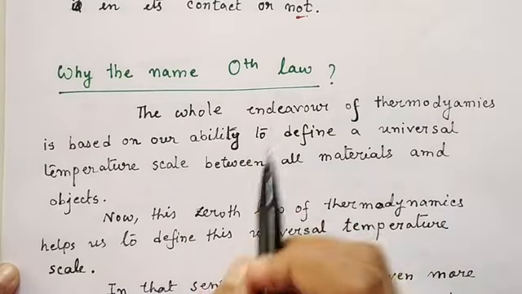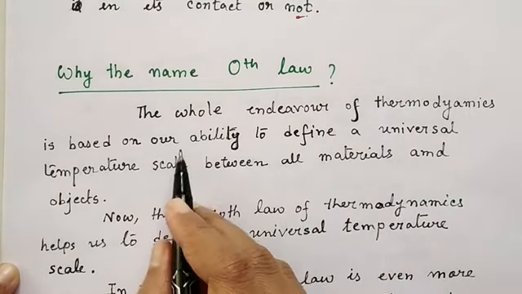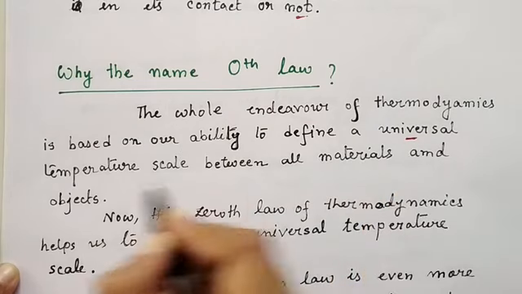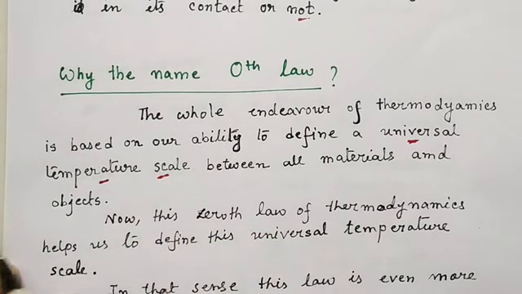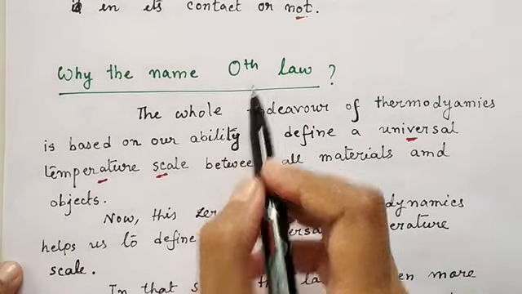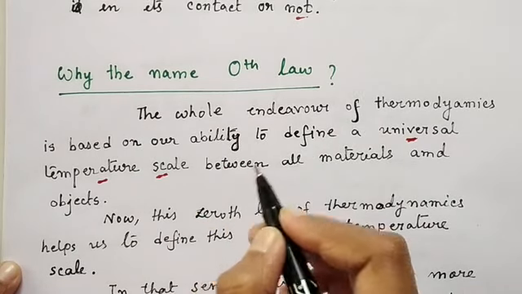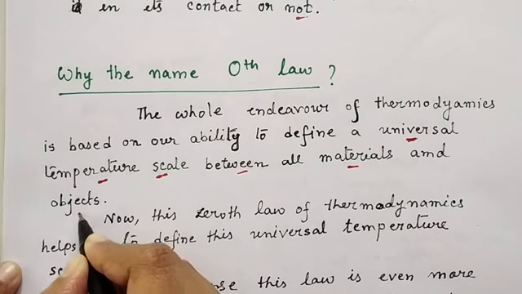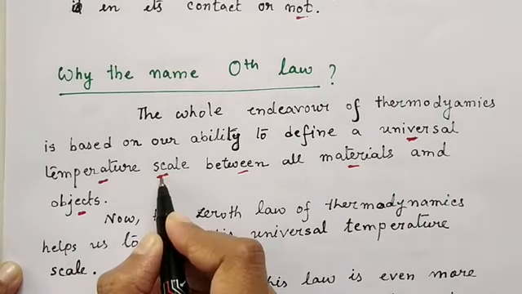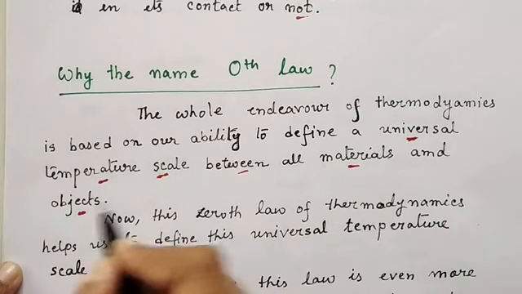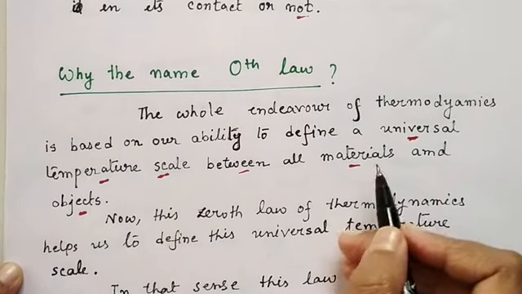Then it was realized that this whole endeavor of thermodynamics is based on the ability to define a universal temperature scale, which we just stated, because the zeroth law of thermodynamics helps us to define a universal temperature scale applicable between all materials and objects. We don't have to use different temperature scales for different materials or objects.